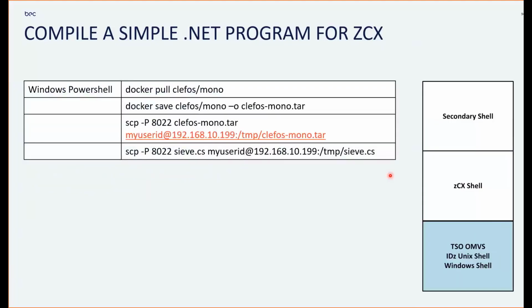So to run the same sieve of Eratosthenes program, we pulled the Clefos Mono package from Docker Hub, saved it as a tar file on our machine, uploaded it to zCX, and uploaded the source to zCX.